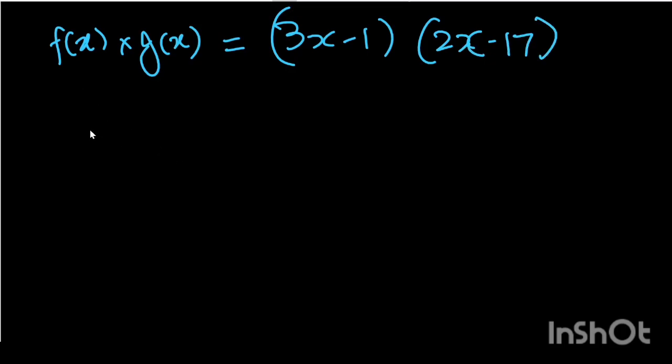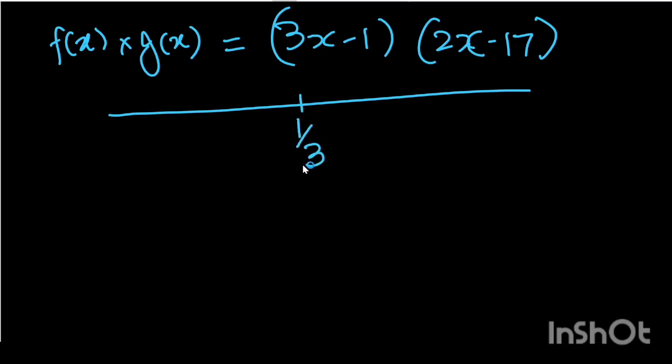So I will plot for 3x minus 1, we know 1 by 3, it gives plus and minus.